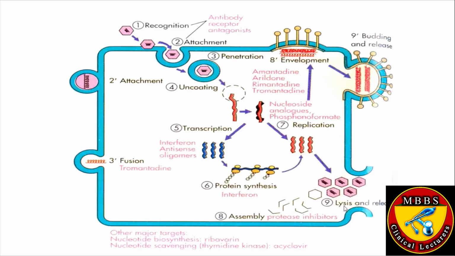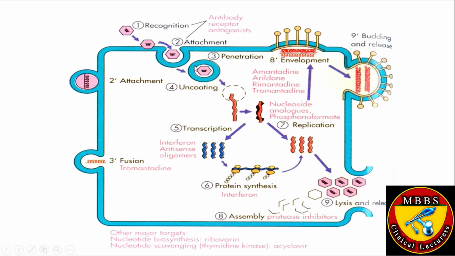Now, this is a good picture showing all the steps. See here, initially the virus comes and recognizes the receptors on the cell surface and attaches here. After the attachment, they enter into the cell. By the process of endocytosis, they form the vesicle and endosomes.